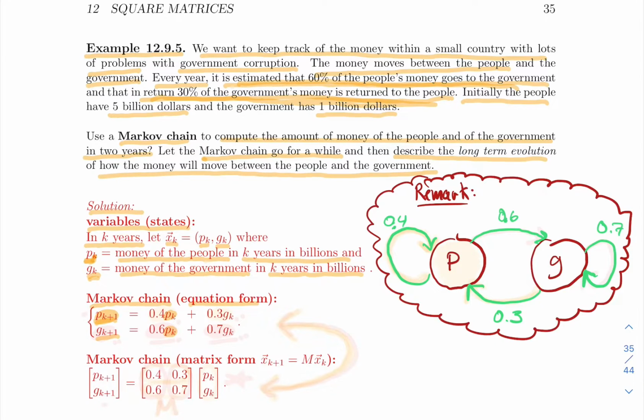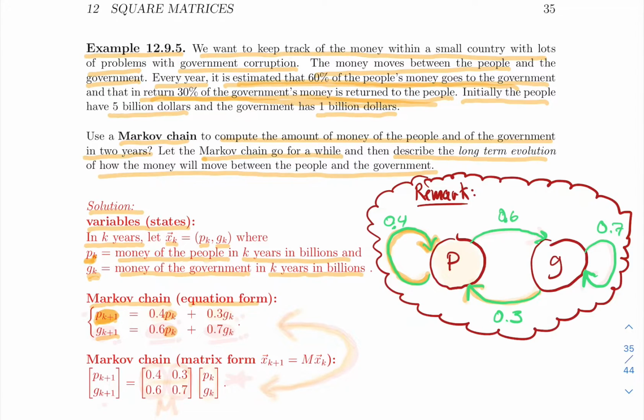So how much money will the people get next year? Again, I like to use the planet diagram. From the people to the people, this is the same thing as asking with this planet diagram, what are the arrows coming in? The arrows coming into the planet P, the people's planet: well, the people are going to keep 0.4.